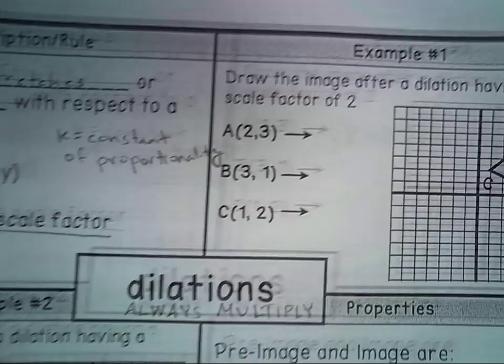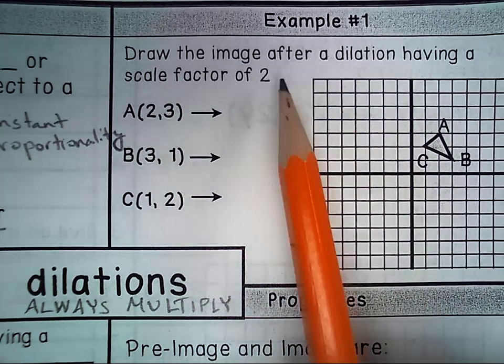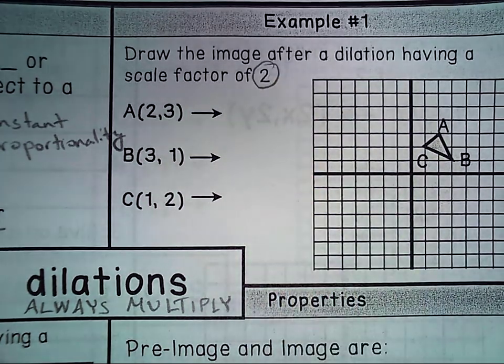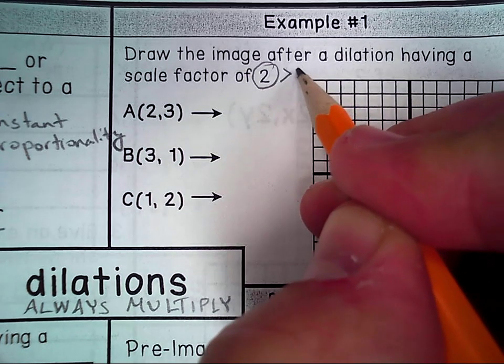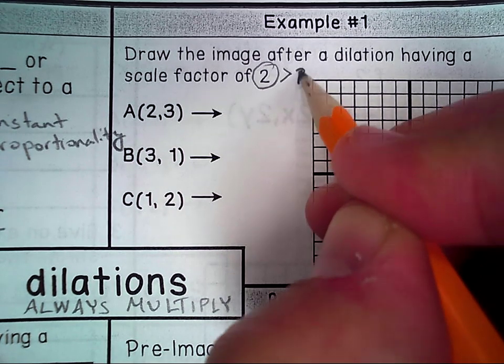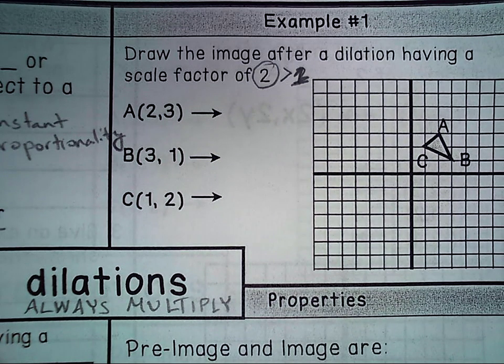So, example 1, it says draw the image after a dilation having scale factor of 2. Well, a good thing to remember is this. If this number is greater than 1, then it is growing, or it's going to stretch.